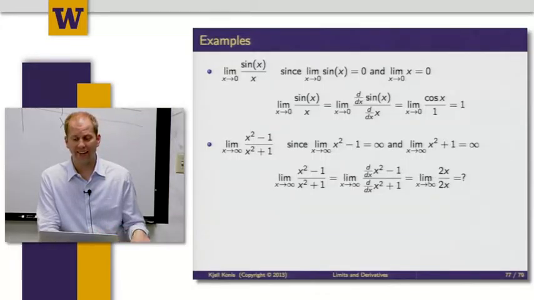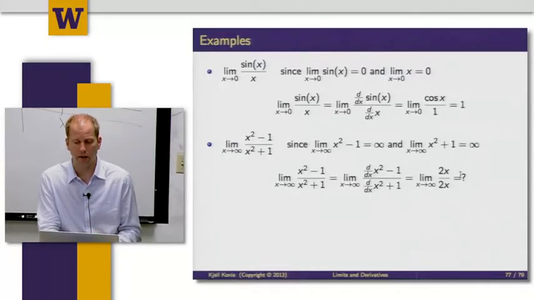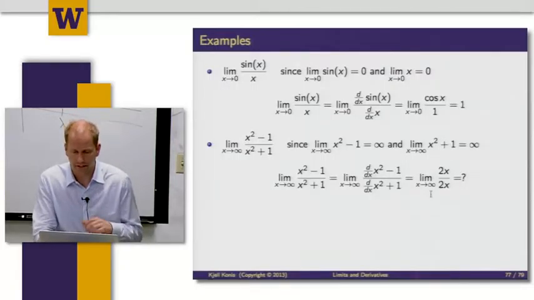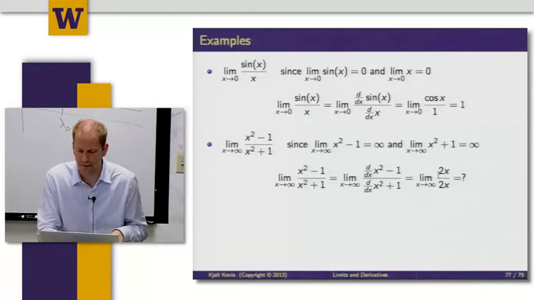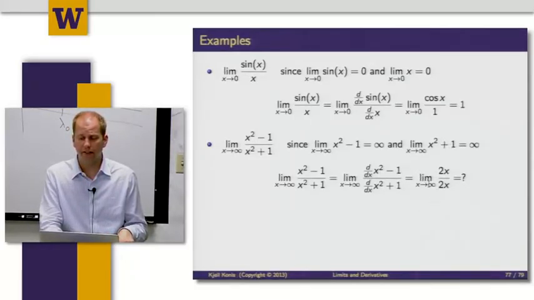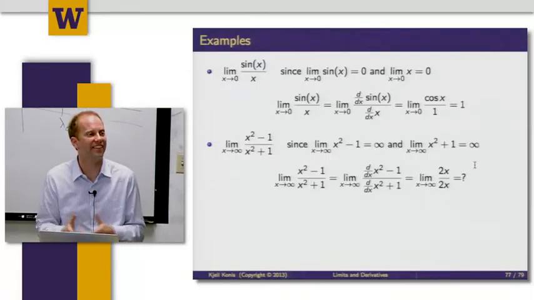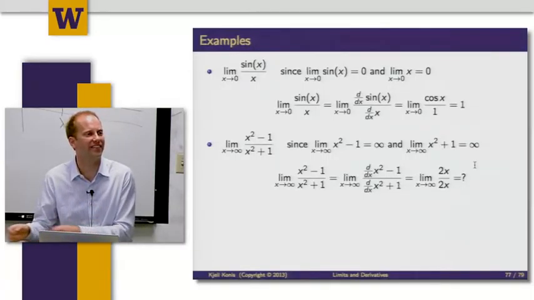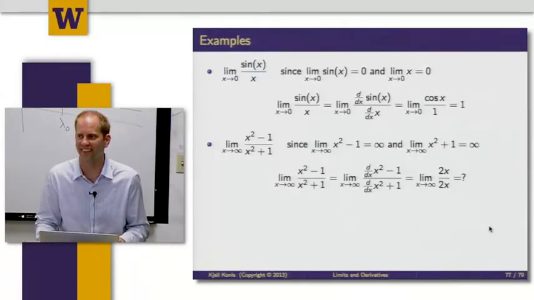But still, this isn't continuous at the point where I want to. Or, sorry, I'm not going to 0, I'm going to infinity now. So still, if I look at the limits here, the limit of 2x divided by the limit of 2x as x goes to infinity. I'm kind of struggling here to show you that you can use l'Hopital's rule twice to get the same thing. You could just cancel the x's here and be finished.